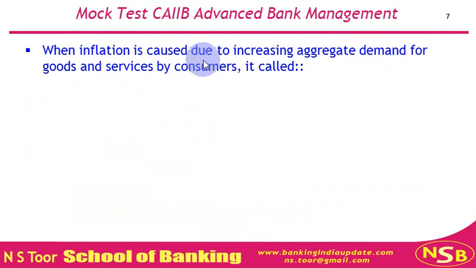When inflation is caused due to increasing aggregate demand for goods and services by the consumers, it is called what? So price increase is caused because of increase in aggregate demand for goods and services by the consumers. Option A, wholesale inflation.